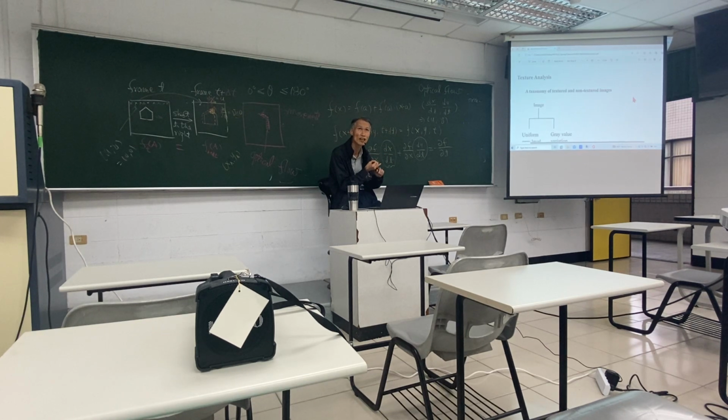Segmentation does not rely only on intensity and color, but can also depend on texture. So I will talk about how to extract texture features in a traditional way. Basically, there are two approaches. One is based on statistics from the spatial domain. The other one is from the spectral domain.